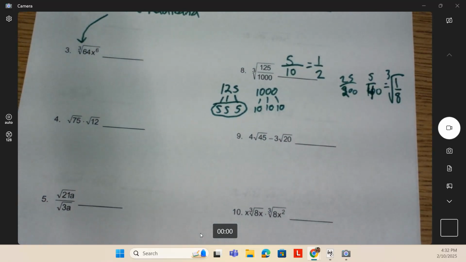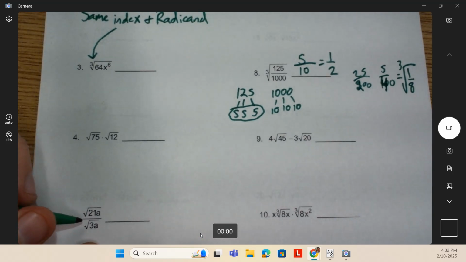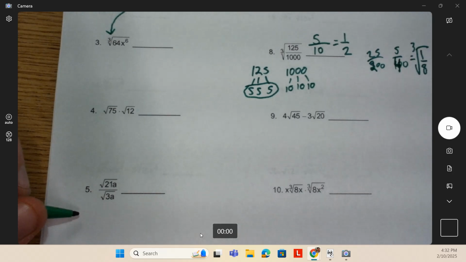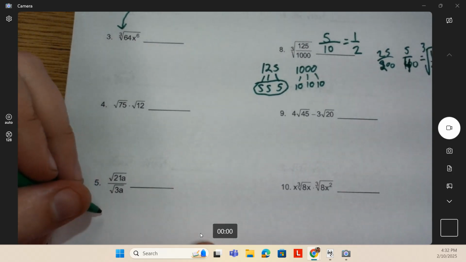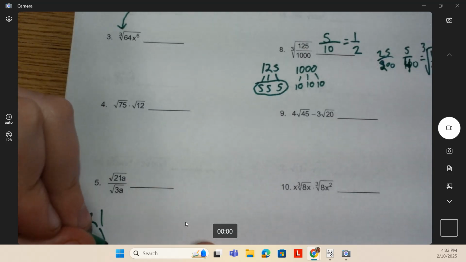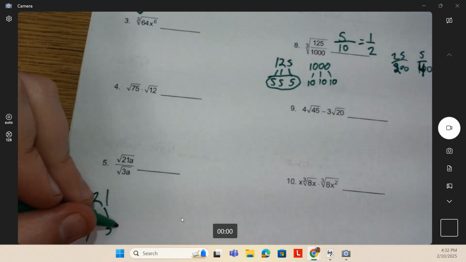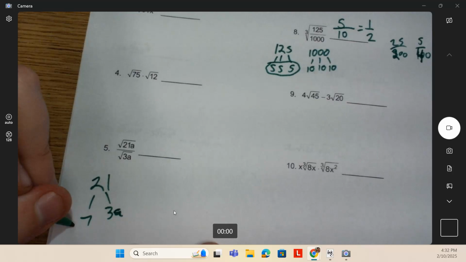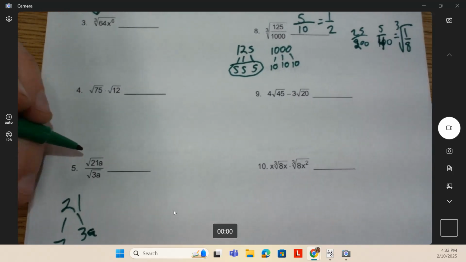Same way, looking down at number 5, if I have 21a, the square root of 21a over square root of 3, taking that, I could work it out both ways and say I could split up 21 into 7 and 3. Doesn't get me very far, but if I were to combine that 3 with the a and split it up into square root of 7 and the square root of 3a, then I'd be able to cancel out.